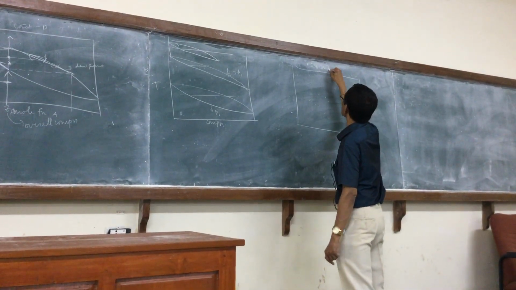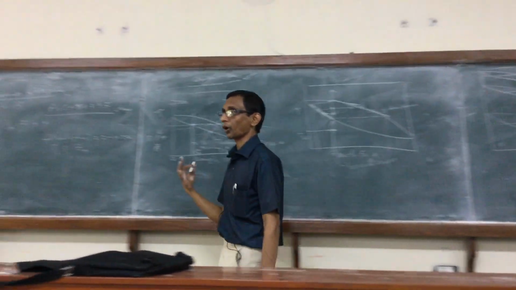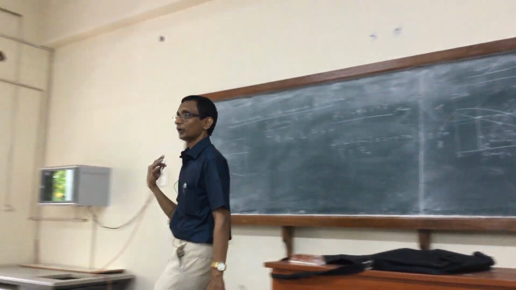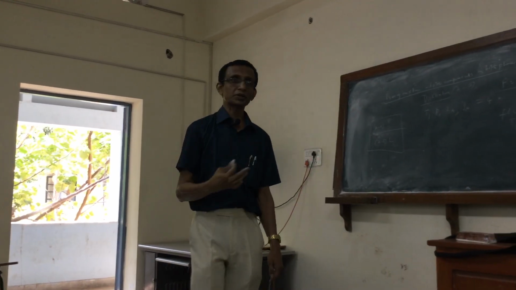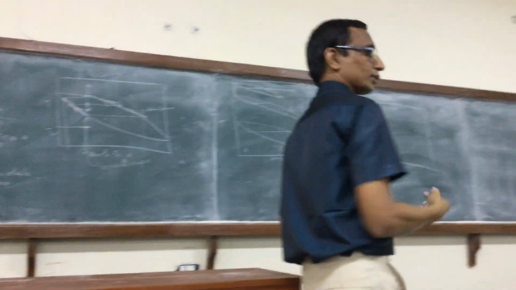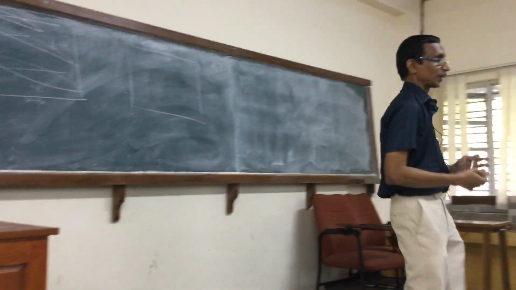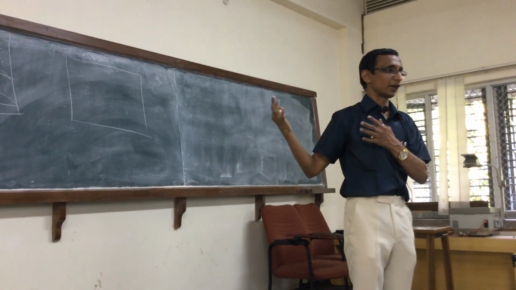We should be aware of this because when we do the calculation, we will see that there are 4 standard types of calculation: bubble point temperature, bubble point pressure, dew point temperature, dew point pressure. So it depends on what is being specified, and you should be able to relate your calculations to the figure.